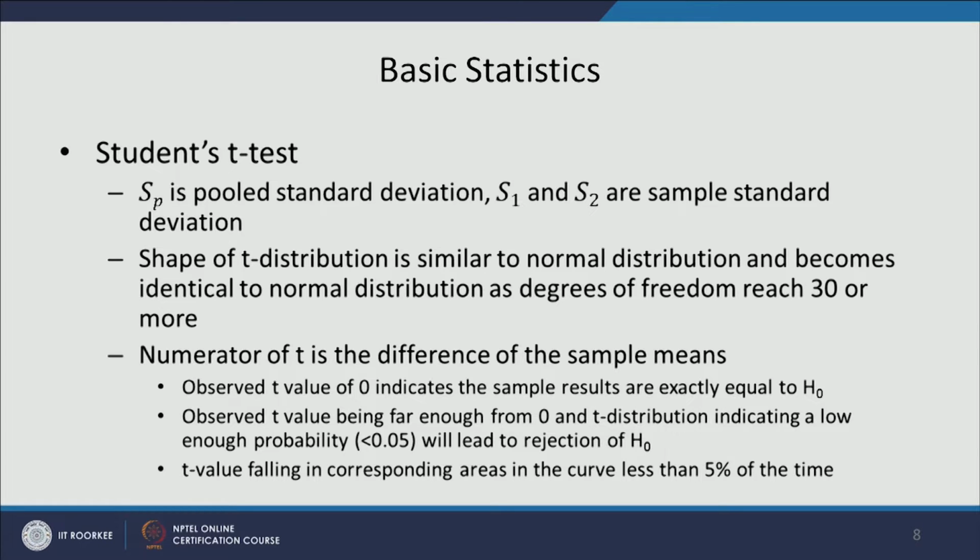That means the means are equal. Similarly, if the observed T value is far enough from 0 and the T distribution indicates a low enough probability, let us say less than 0.05, then our null hypothesis H0 would be rejected.